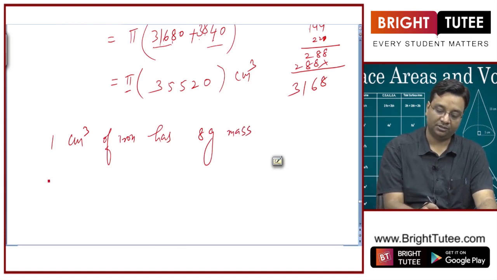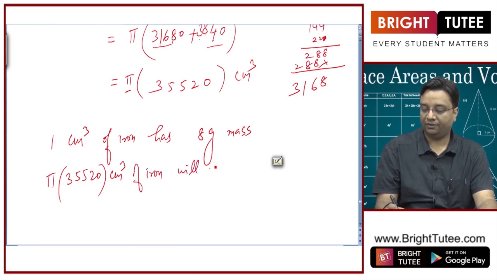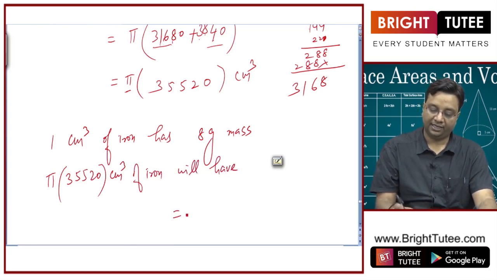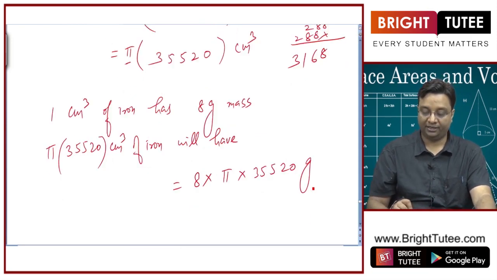So how much mass will pi into 35520 centimeter cubed of iron have? It will have 8 into pi into 35520 gram of mass, right?